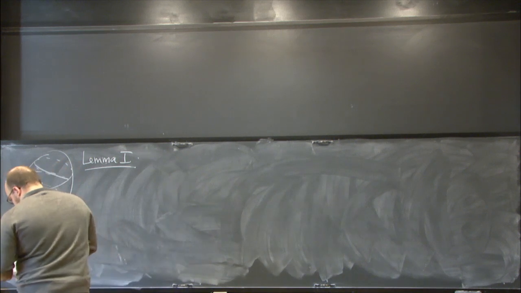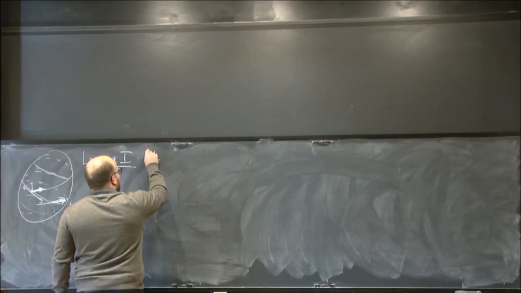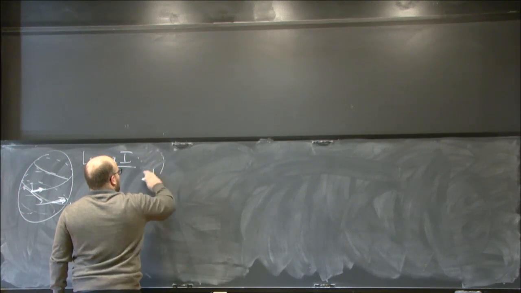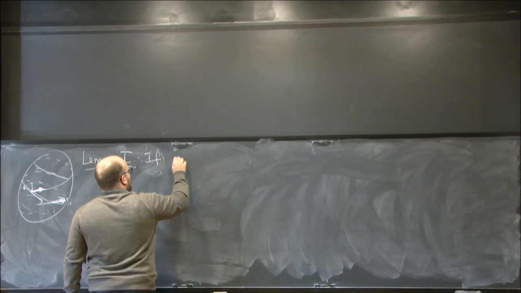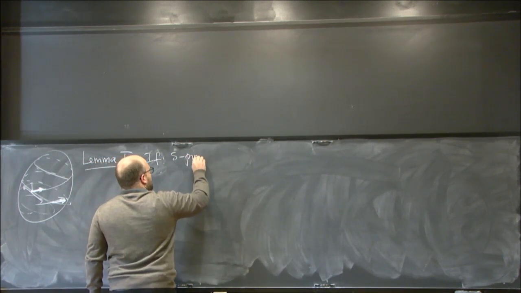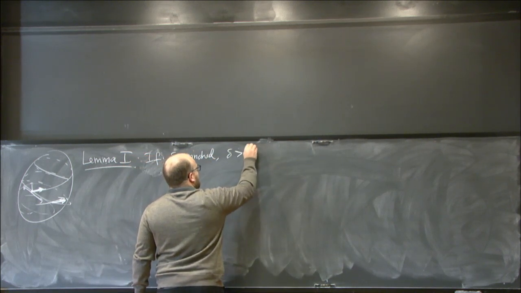So the first lemma we need to prove is the following. Suppose the metric is delta-pinched for some delta bigger than 1/4.